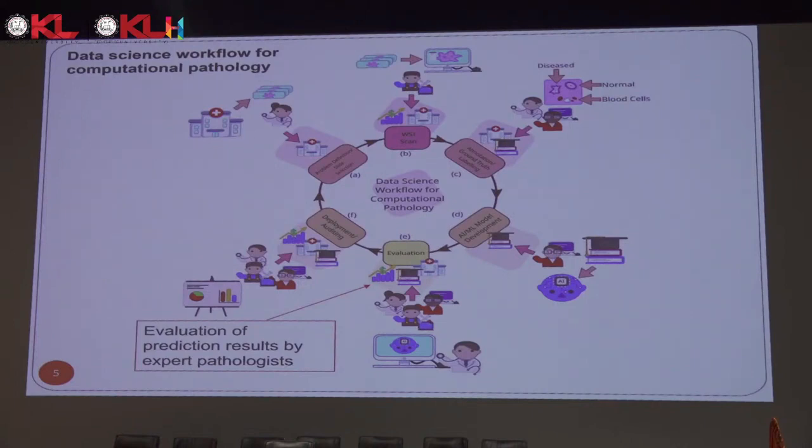After that, evaluation, this is the most critical part. If it's about 90% or 95% accuracy, it doesn't mean anything until it is evaluated by expert pathologists. After this, we want to build products. This is deployment, basically building products out of it.